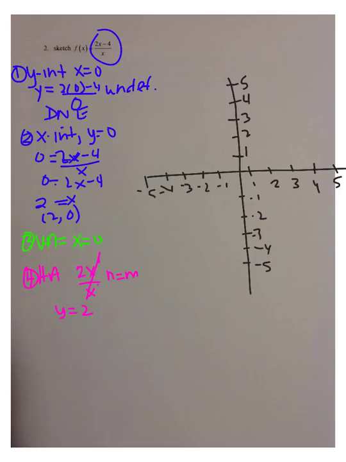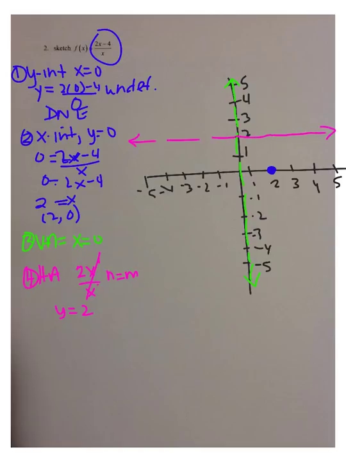Okay, so let's see. We have no y-intercept. I have an x-intercept at 2, 0. And I have a vertical asymptote at x equals 0, so that means it's right on the y-axis. And I have a horizontal asymptote at y is equal to 2.